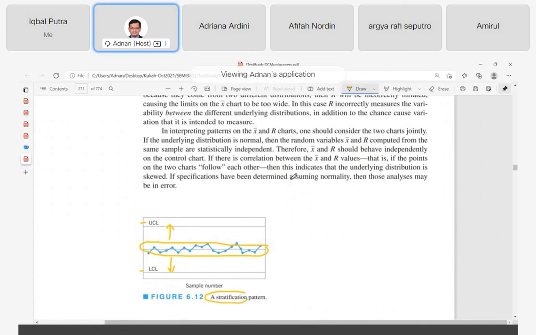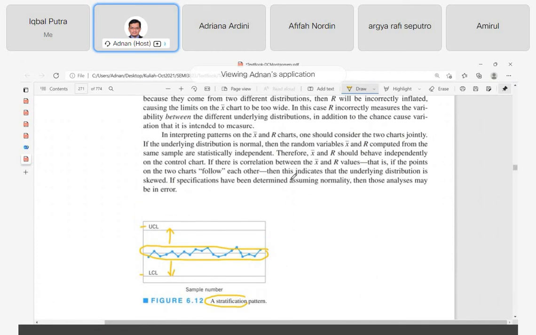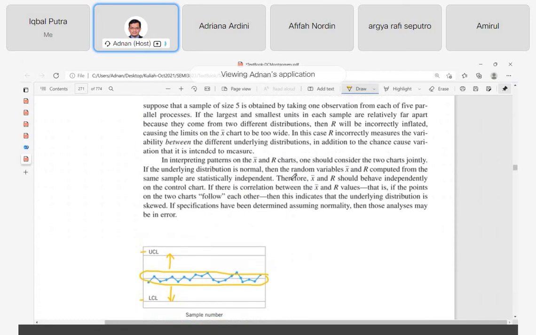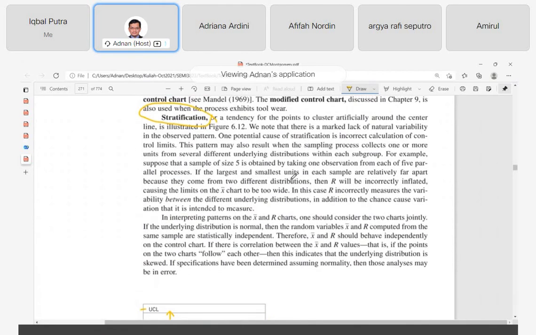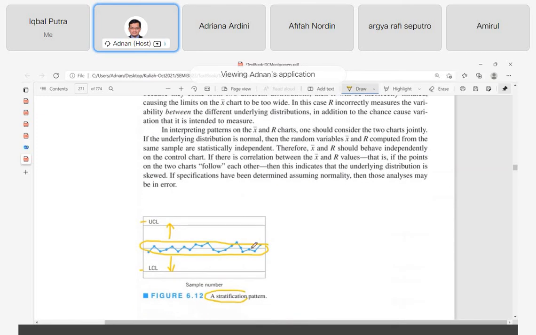This pattern is stratification, where it clusters artificially around the center. It means that something is pushing this process to be on the center. It could be, in machining, the build up of waste material stuck to the cutting tool.